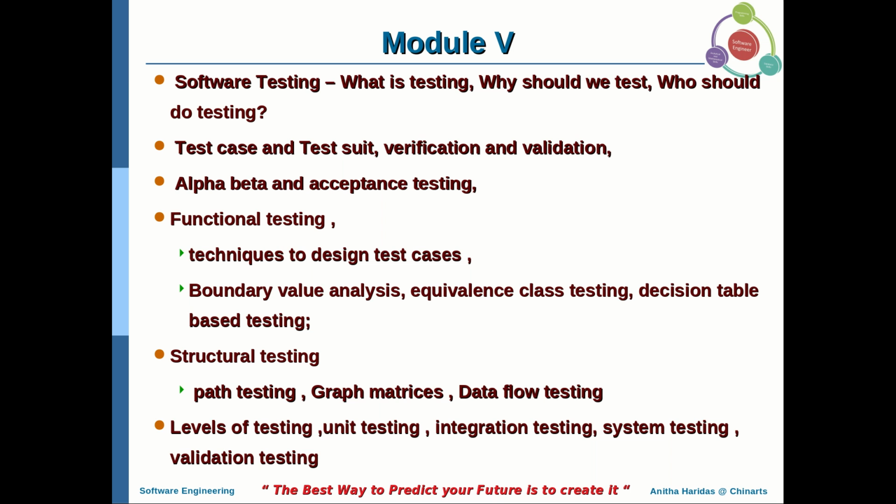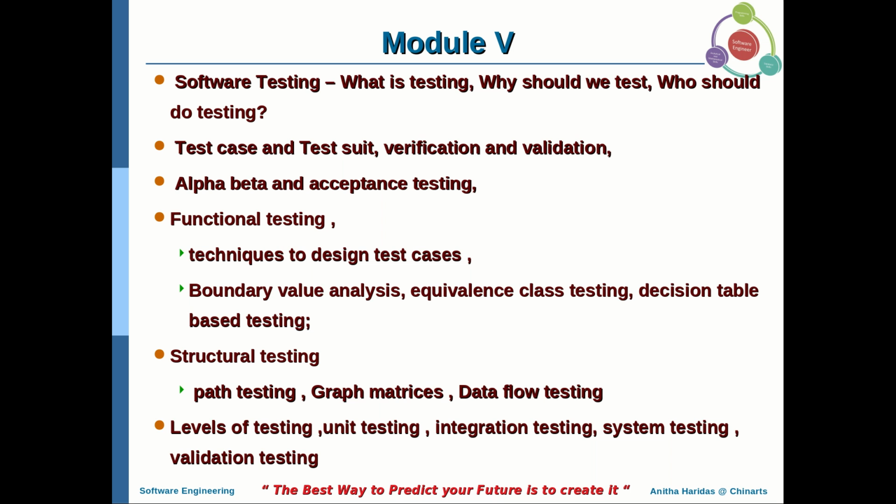Before we start with software testing, let us just recollect the topics we covered in the 4 different modules. In the first module, we discussed what is software engineering and the different terminologies used in software engineering.